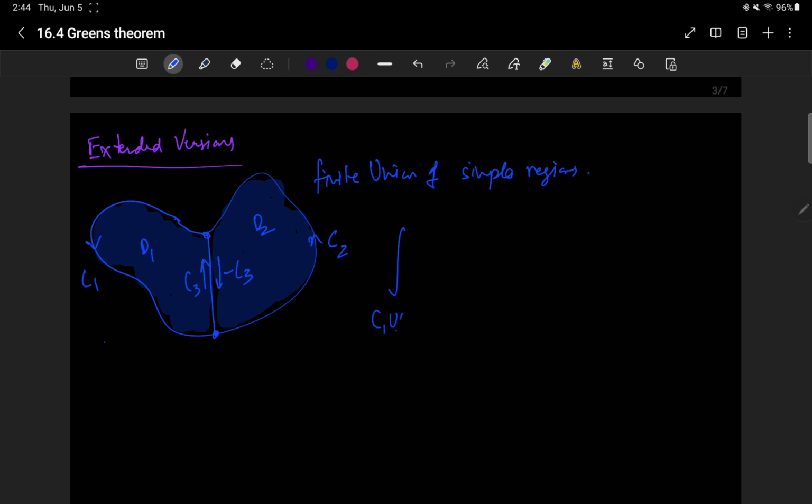Then the line integral over C1 union C2, which we've seen in the unit on line integrals, can be done. You can just add up all the line integrals when you take the union.